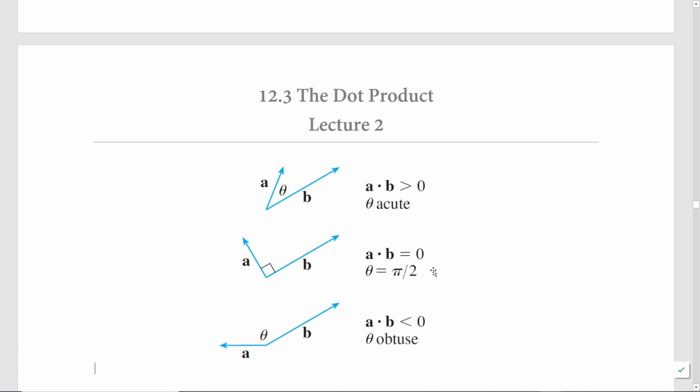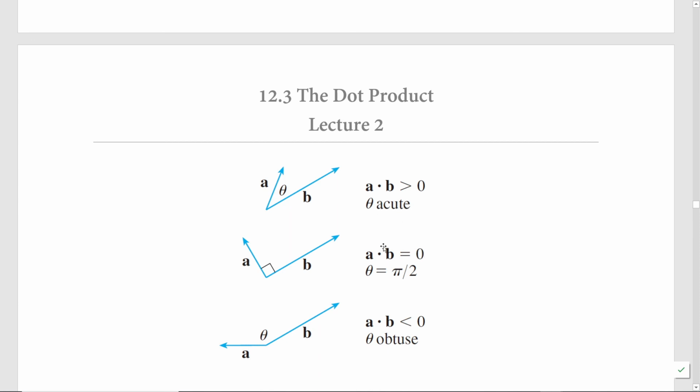If it is 90 degrees, we say the vectors are orthogonal. And if it is larger than 90 degrees but smaller than 180 degrees, or pi radians, we say the angle is obtuse. So we can easily show that if the dot product of the vectors is positive, then the angle between them must be acute.